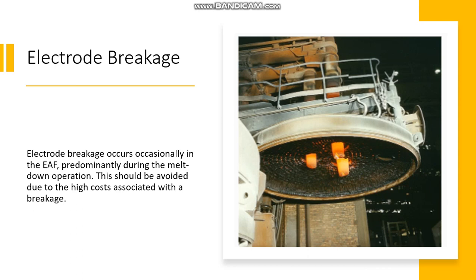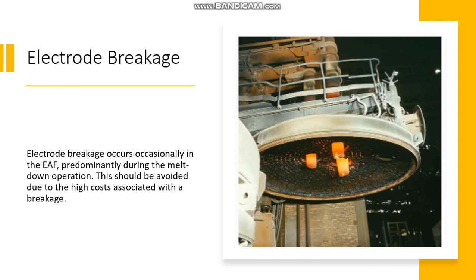The final objective of this lecture is the electrode breakage that occurs occasionally in the EAF, predominantly during the meltdown operation. This should be avoided due to the high cost associated with the breakage.